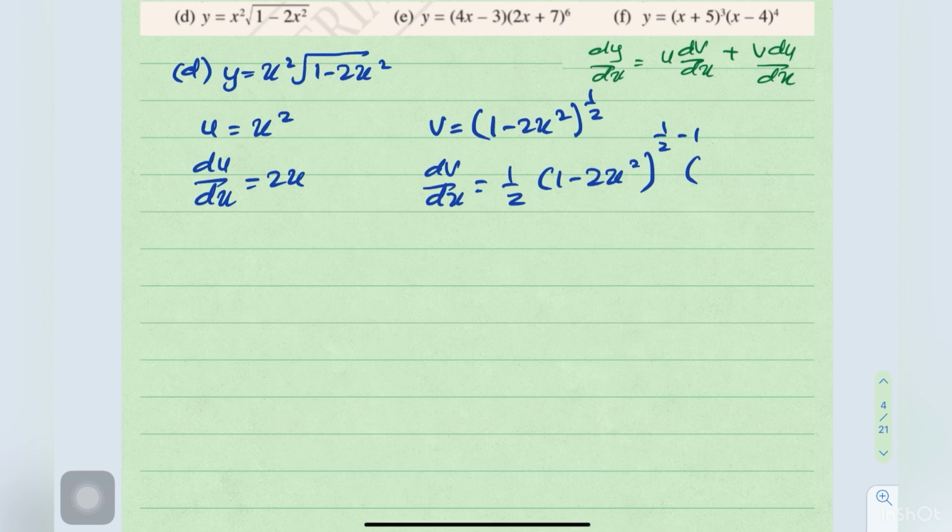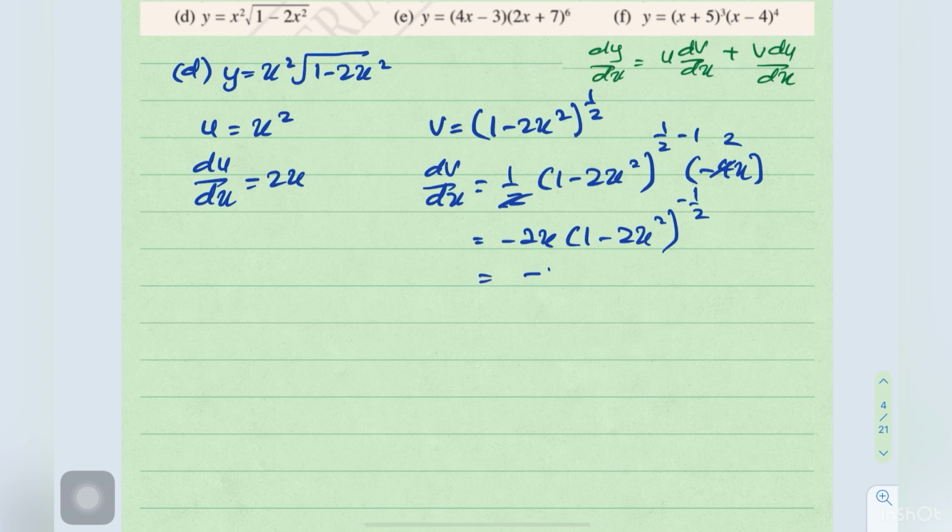Differentiate another time the function in the bracket, we get negative 4x. Okay, so we simplify, we get negative 2x(1 minus 2x squared) to the power of negative 1/2. So this one becomes negative 2x over (1 minus 2x squared) to the power of 1/2.